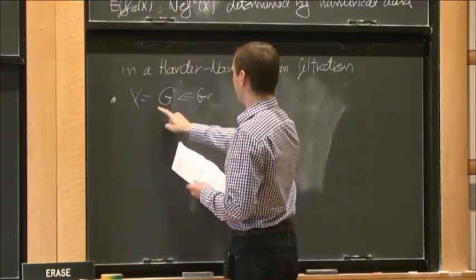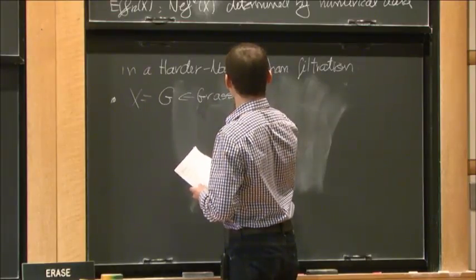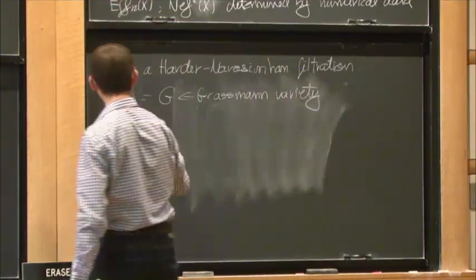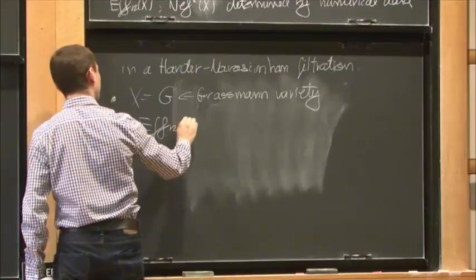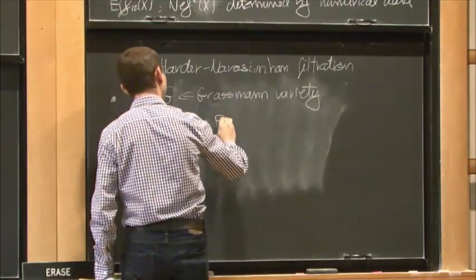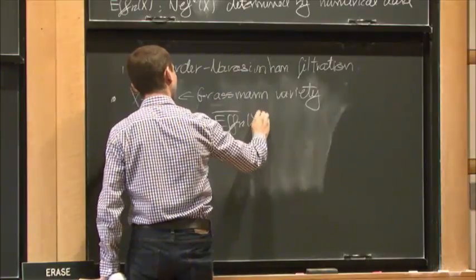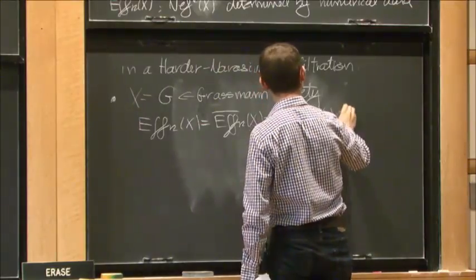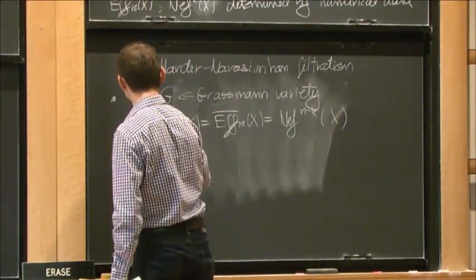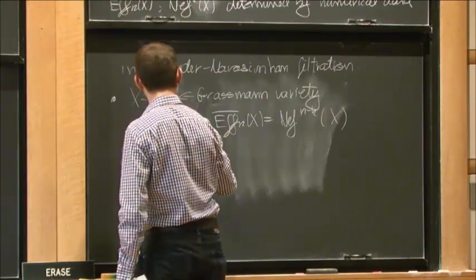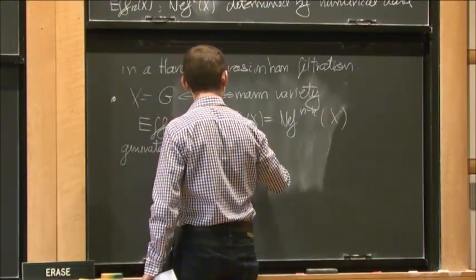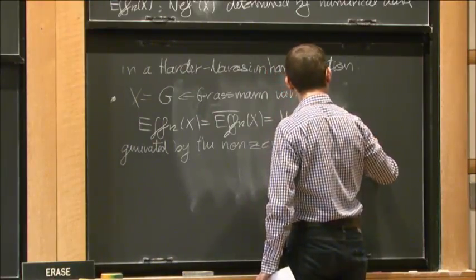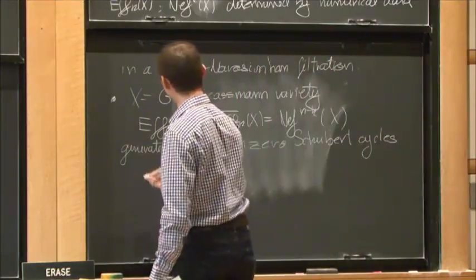Okay, so let's say X is G, which is a Grassmann variety. Then we have that the effective cone is equal to the pseudo-effective cone, is equal to the nef cone. And these are generated by the non-zero Schubert cycles of dimension k.